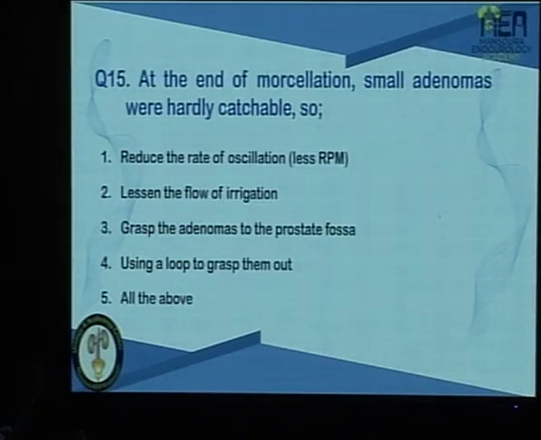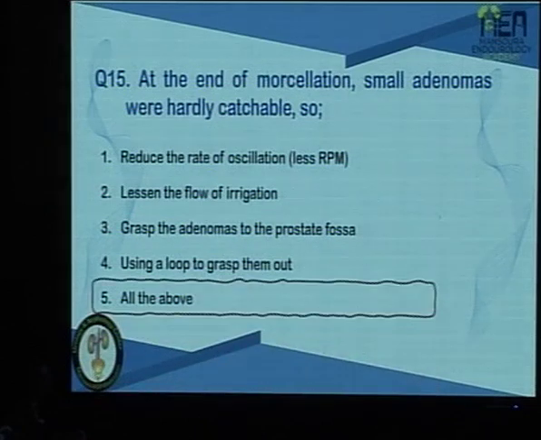At the end of morcellation, small adenomas are hardly catchable, so reduce the rate of oscillation, reduce the flow of irrigation, grasp the adenoma to the prostatic fossa, and use a loop to grasp them out. All are true.